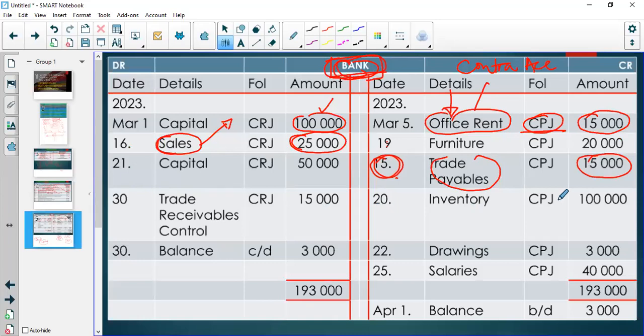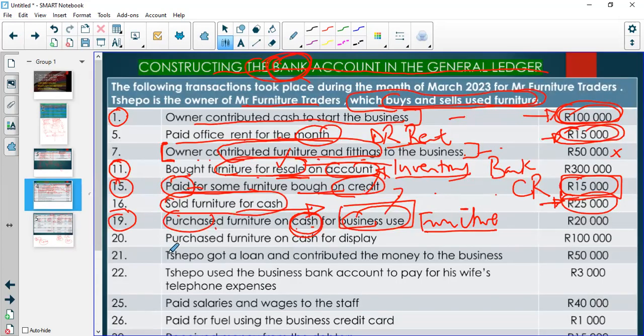So it's going to be cash here. 20,000. It's furniture. We debit furniture and we credit the bank account. What else do we do? Then we purchased furniture on cash for display. What was that?